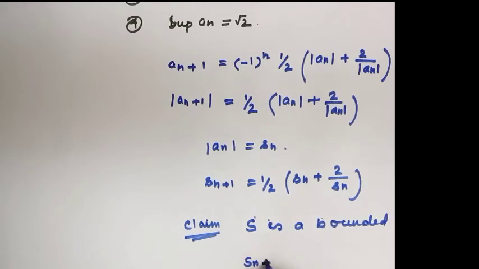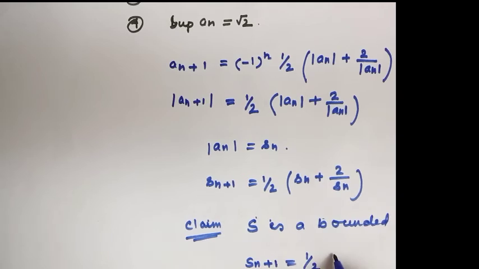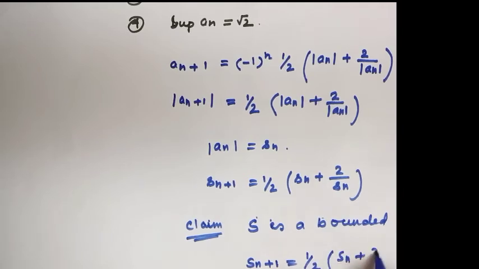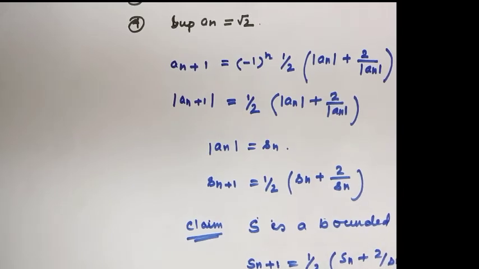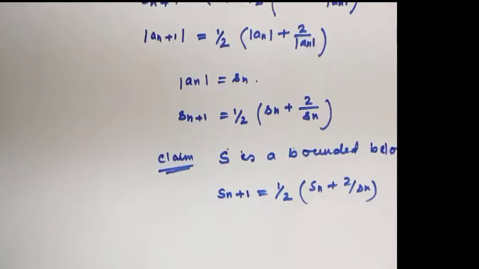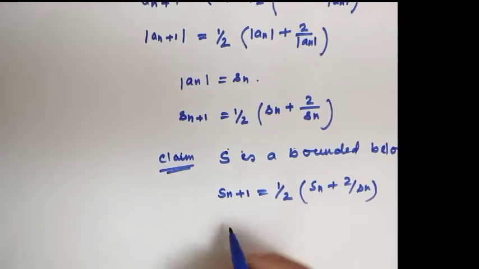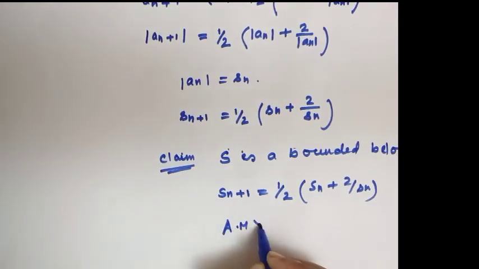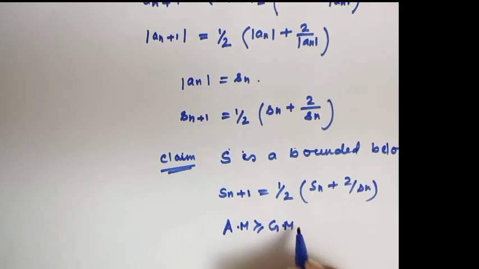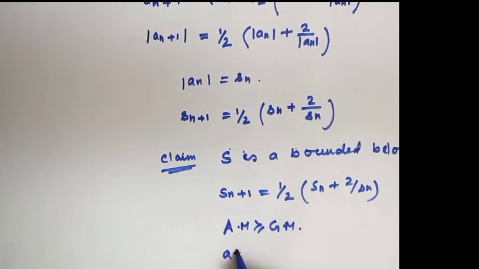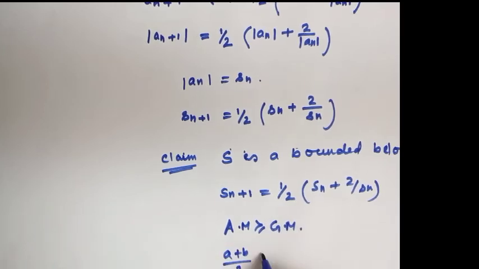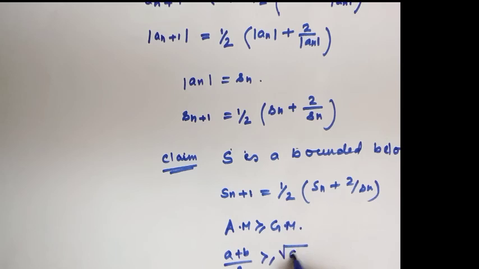Here is an interesting thing: S_{n+1} = 1/2 (S_n + 2/S_n). We all know the AM-GM property, AM ≥ GM. What is the property? (a+b)/2 is always greater than or equal to the square root of ab.